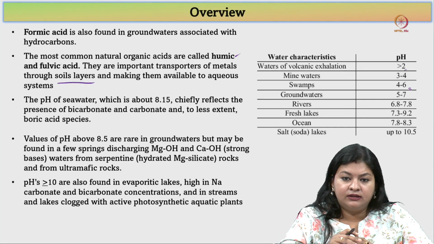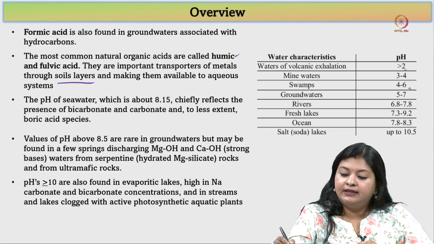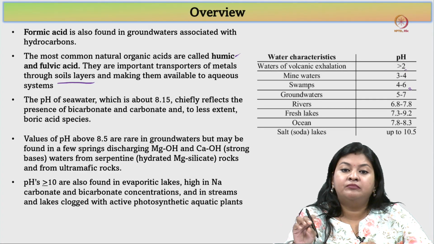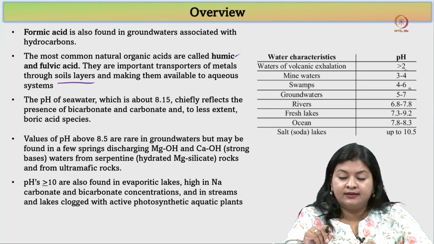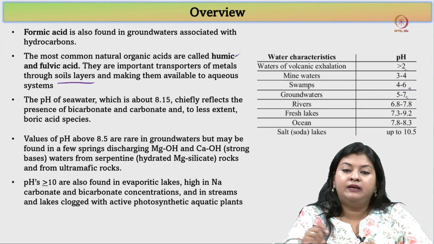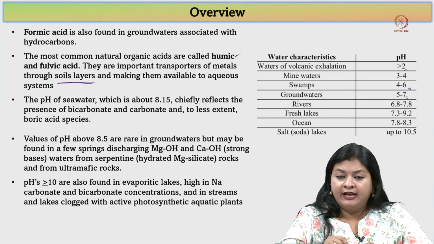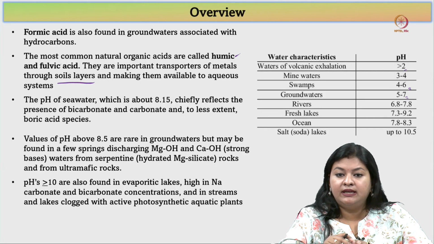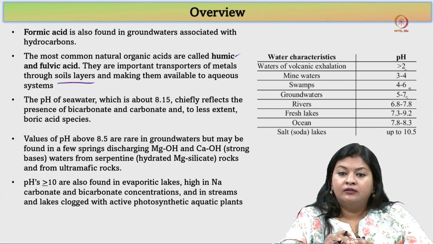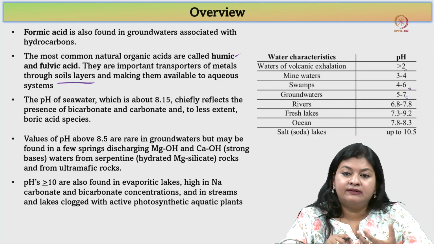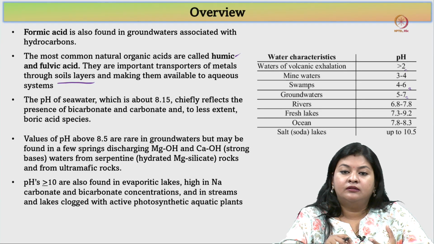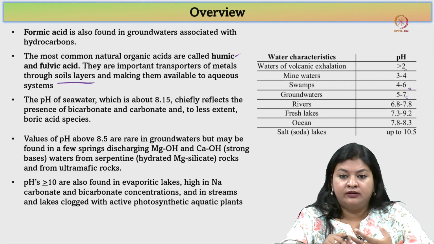Groundwaters depend on their bedrock interactions, and nitrate pollution from nitrate fertilizers can change the pH of the groundwater. Rivers are mostly circumneutral, which means they continuously receive weathering products, and that drives the bicarbonate concentration in the river.